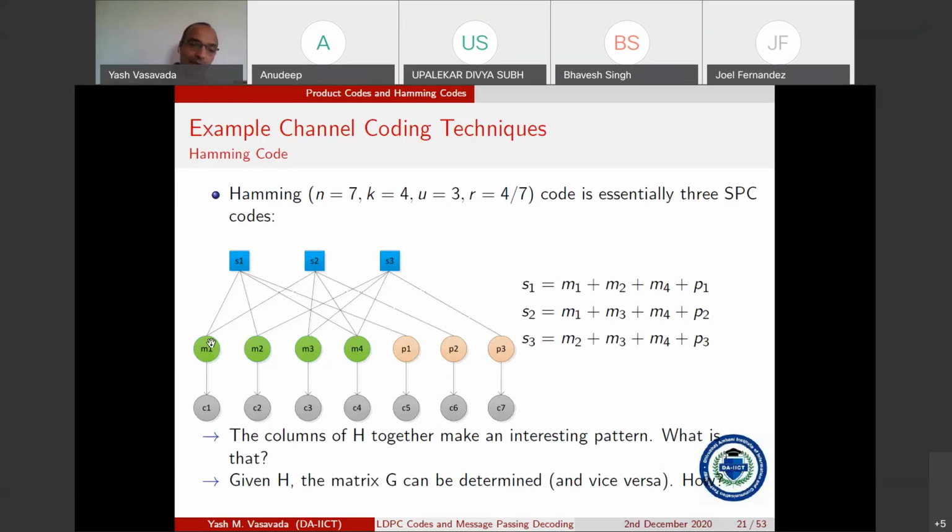This may take some time for you to absorb, but the idea is that once we put down the coding mechanism in this type of graphical structure, these nodes become SPC codes and these nodes become repetition codes. And so over here we will use Gallagher's equation. Over here we will use what Anudip asked us to do, which is just product of probabilities. That is how we will be exchanging the messages.